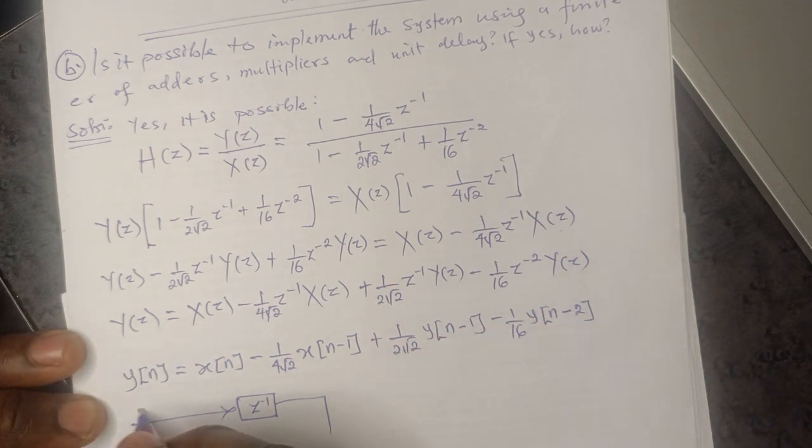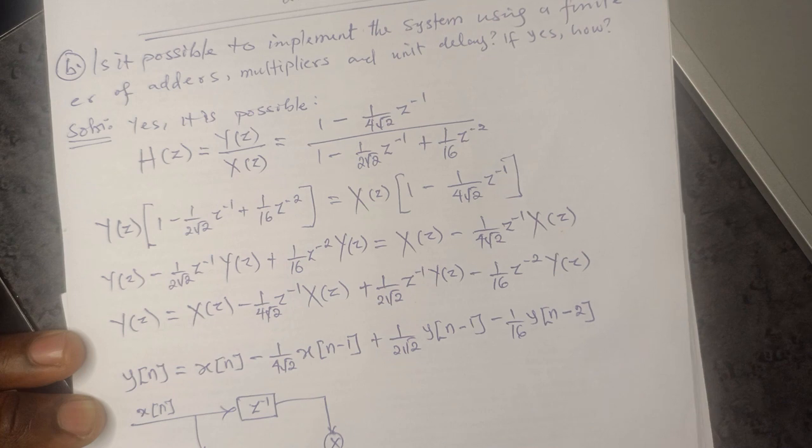So x of n is coming from here, so we can represent this one. So this is the output y of n. So this has a delay. It has two delays, so because it has two delays, we have to represent it with these two delays.